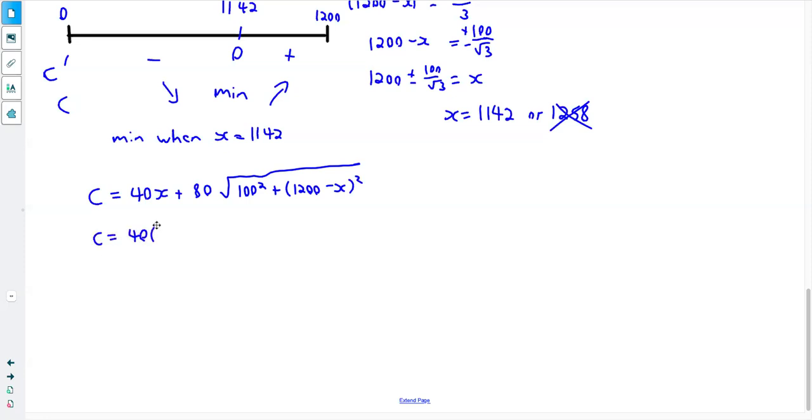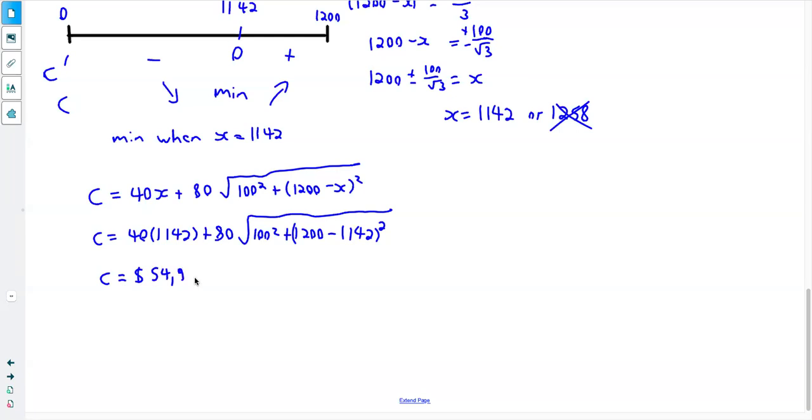So we've got 40 times 1,142 plus 80 times the root of 100 squared plus (1,200 minus 1,142) squared. And that gives us a cost of $54,000 or $54,928.22.